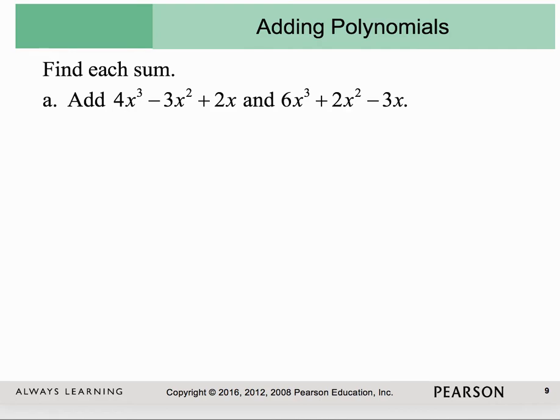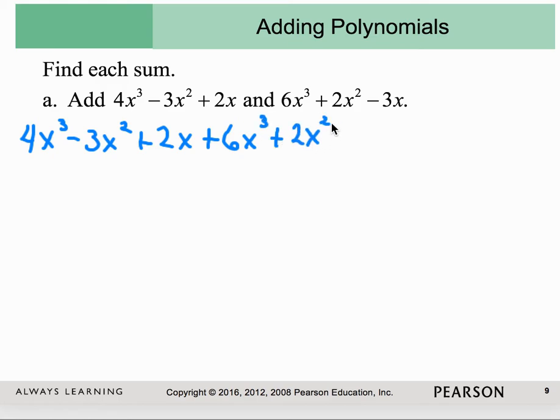Okay, find each sum. We've got a couple of choices for that. I can write it like this: 4x cubed minus 3x squared plus 2x. And because it's a sum, I'm just going to add 6x cubed plus 2x squared minus 3x.